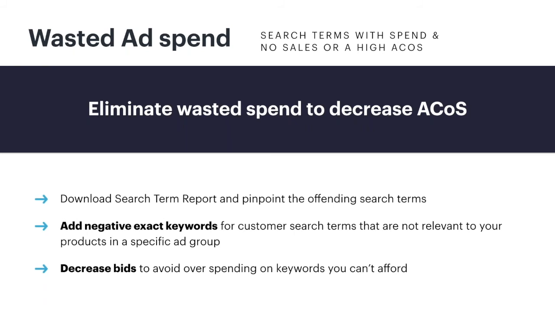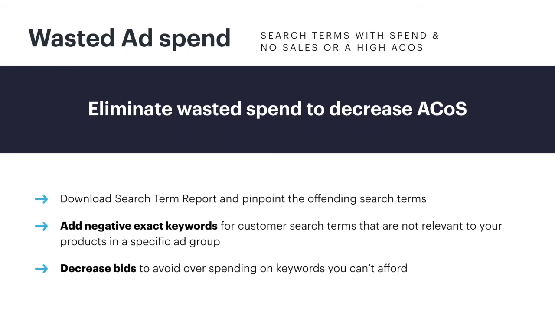Yeah. And then another big thing is to decrease bids. In manual campaigns, when you find keywords that you want your products to show up for and you add them into your manual campaigns, perhaps you notice that the ACOS of a specific keyword is super, super high, maybe over 100%.